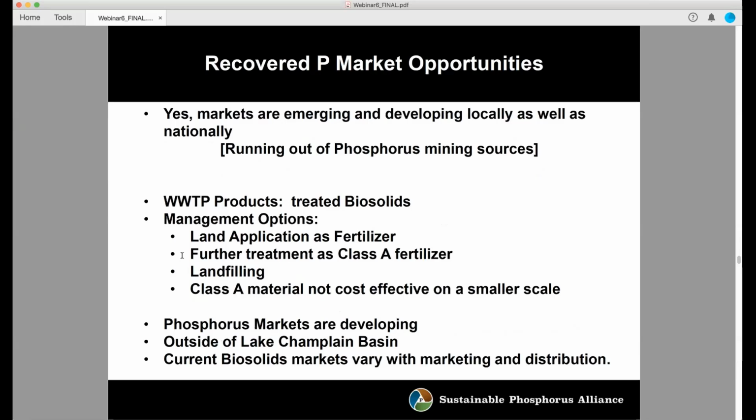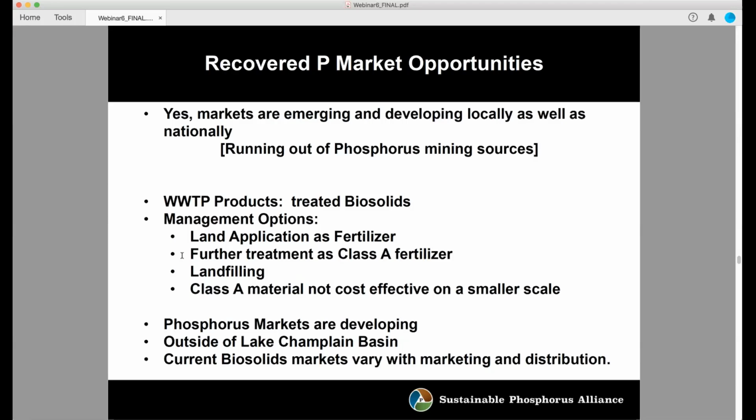The market opportunities for phosphorus are emerging and developing locally as well as nationally. In addition to recovering phosphorus in the particulate form, another valuable byproduct from this process will be biosolids, which will have low soluble phosphorus, and the treatment with the particle descaling technology will also mitigate the presence of pathogens.